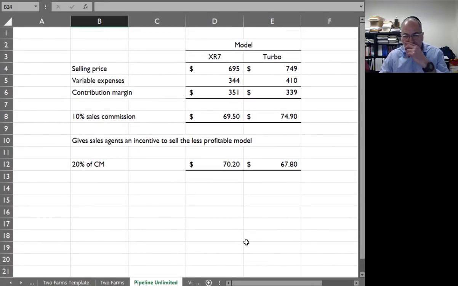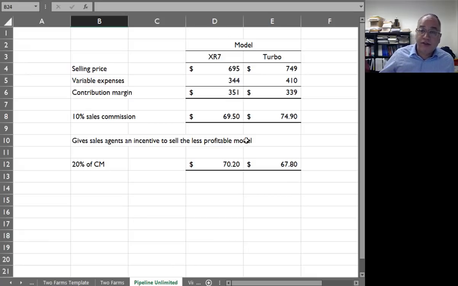Pipeline Unlimited has two products, XR7 and Turbo. XR7 has a sales price of $695, variable expenses of $344, and contribution margin of $351. Turbo has a selling price of $749, variable expenses of $410, and a contribution margin of $339. So Turbo has a higher price, while XR7 has a higher contribution margin.